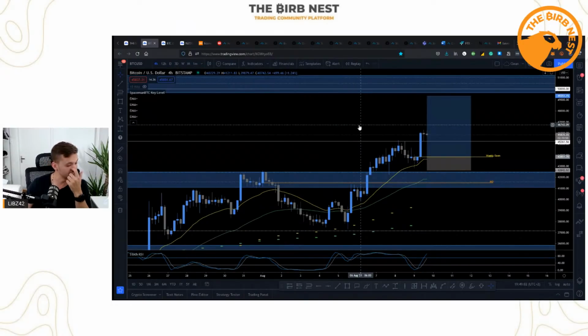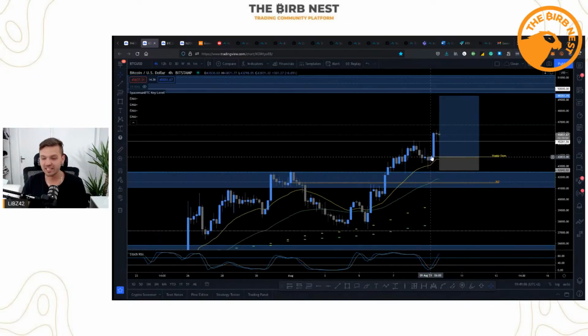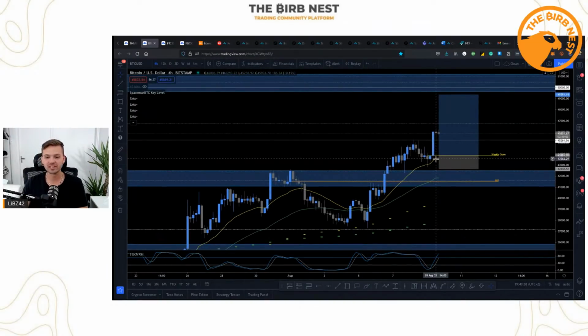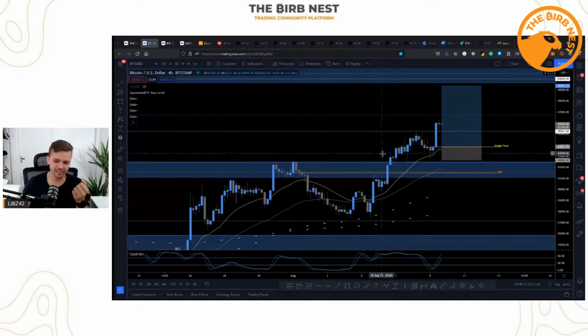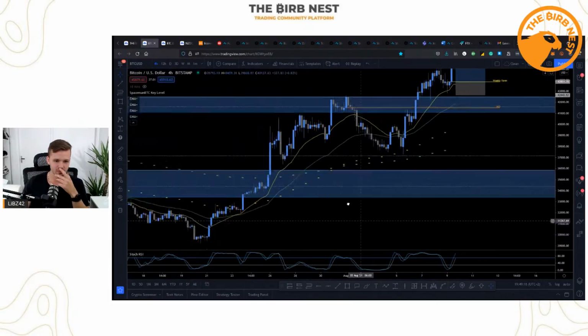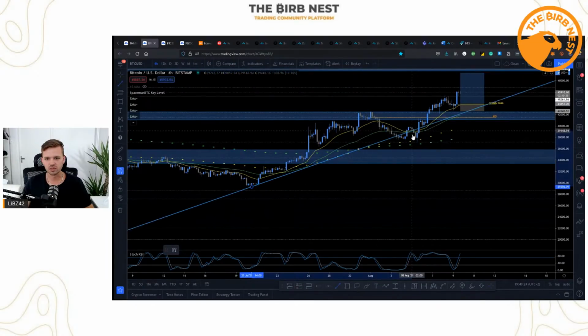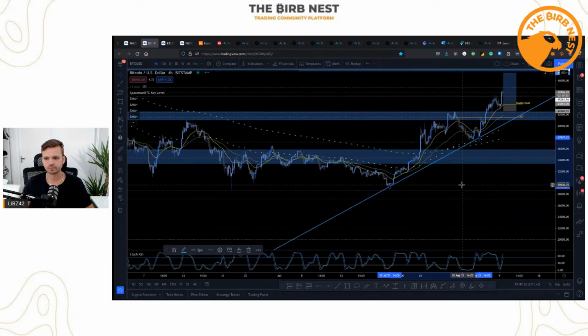All right, so you have the weekly open down here, confluent with the 4 hour 20 EMA, and what I want to see here is the stochastic RSI on the 4 hour go lower.